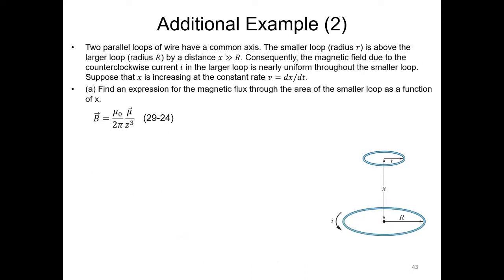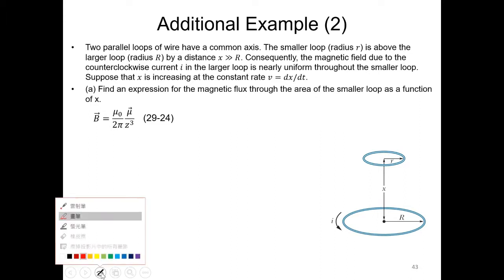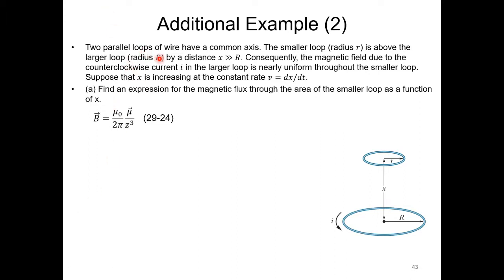Okay, so for the next one, two parallel loops of wire have a common axis. Which means these two circles on the planes are parallel to each other, and if you draw a line perpendicular to these two planes, this line will go through the center of these two circles, which means they have the same common axis, which means they are concentric, and then you move it upward.